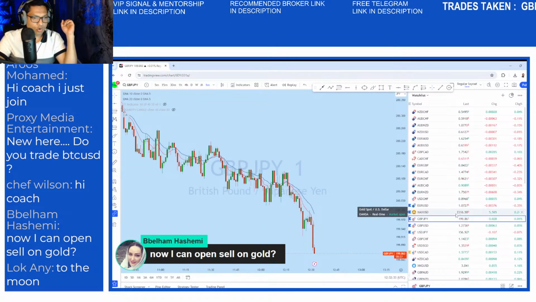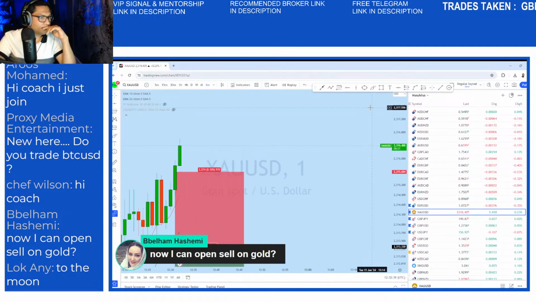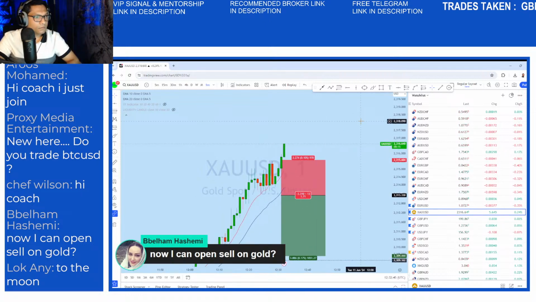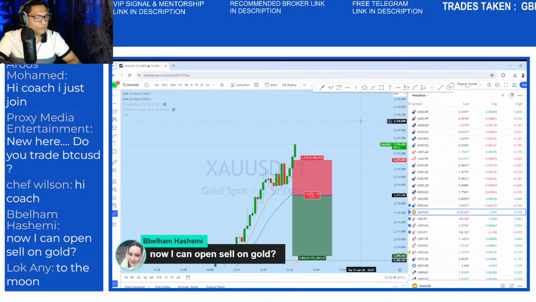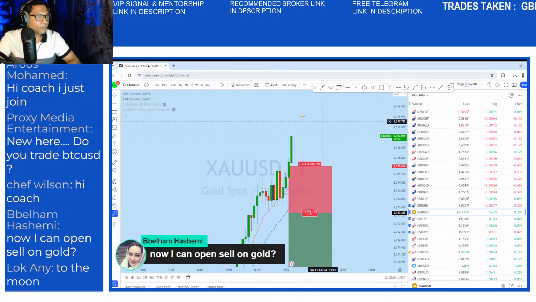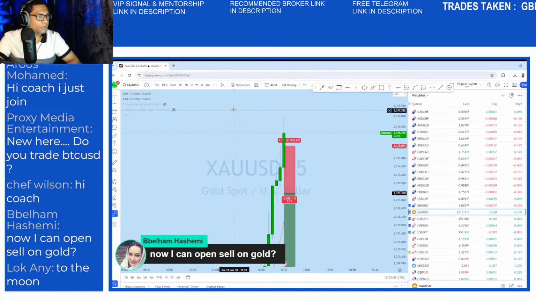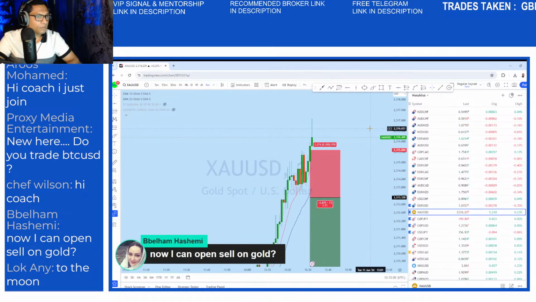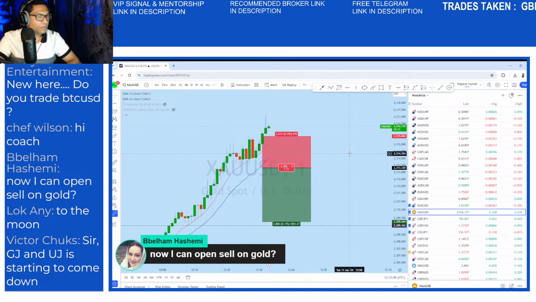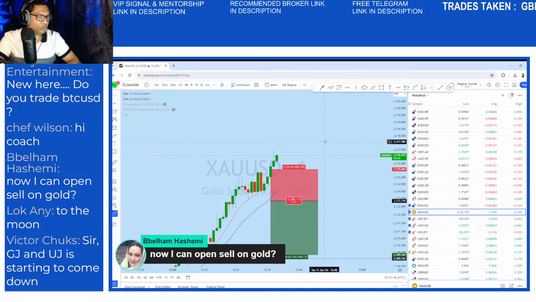GJ has a strong drop. Still pending order on. Let's see if it is dropping or pushing high.